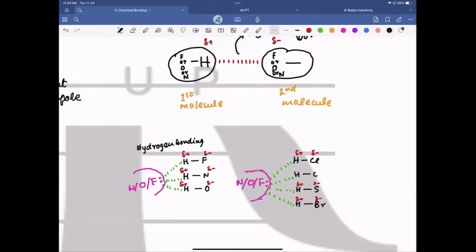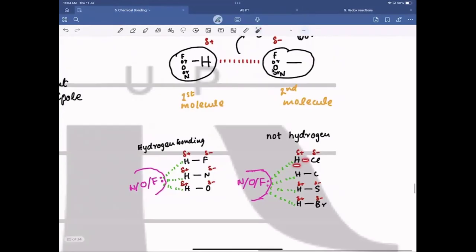Yes, sir. So this is not considered a hydrogen bond, because the second molecule doesn't have nitrogen, oxygen, or fluorine. More importantly, this hydrogen must be covalently bonded with fluorine, oxygen, or nitrogen. Only if that kind of hydrogen is attracted by nitrogen, oxygen, or fluorine is that attraction called a hydrogen bond.